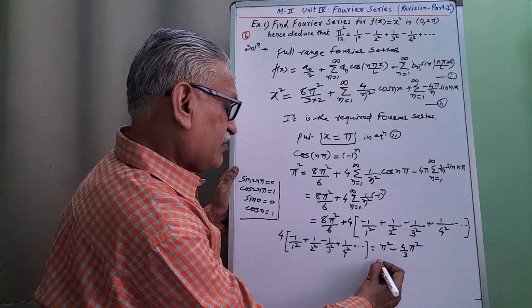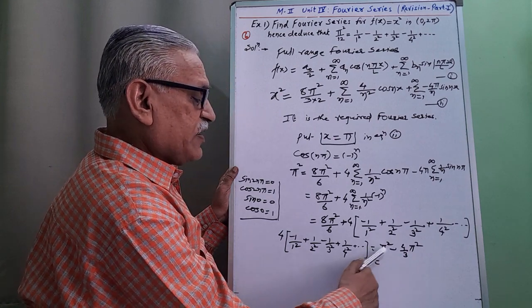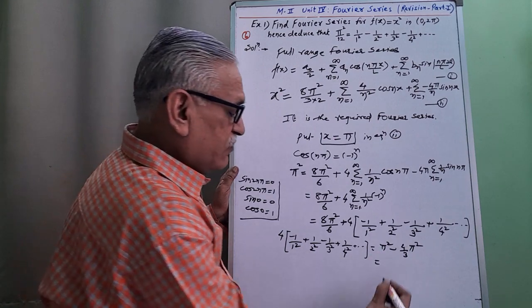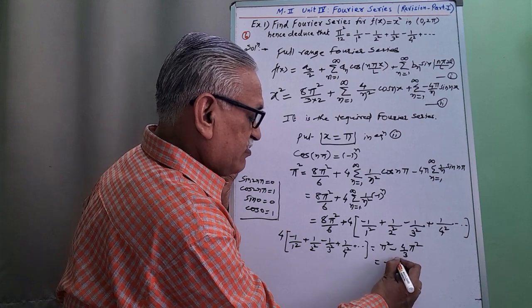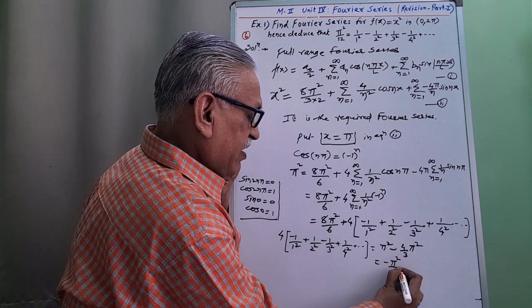Then finding LCM, 3 pi square minus 4 pi square, we get minus pi square by 3.